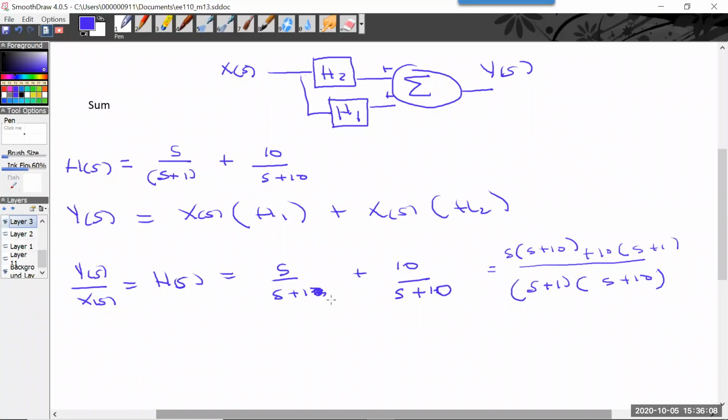Now, the important thing to know is that you know what caused this circuit already. It was either a low pass in buffer configuration or high pass in buffer configuration.